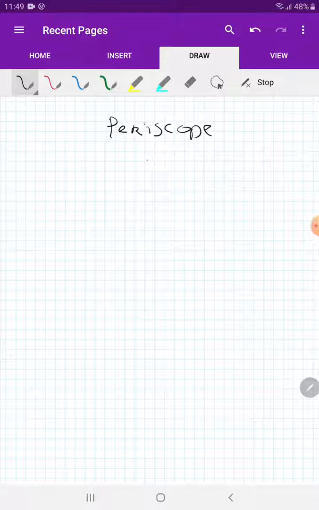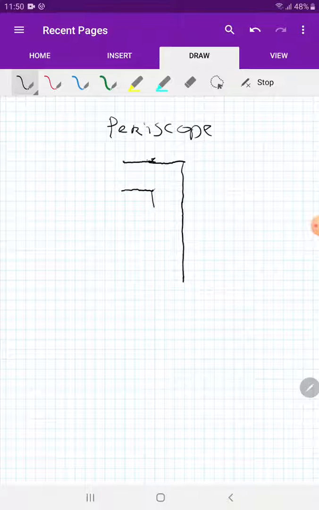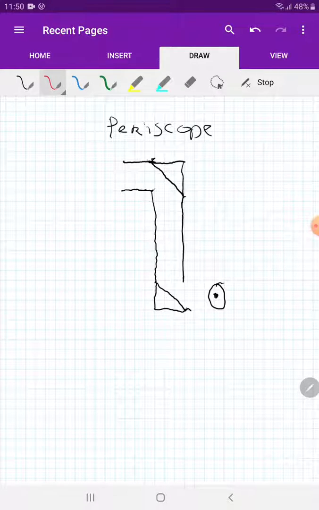Now it's actually two mirrors. So we have one end here that is above the water, and then under the water we have like a person looking. Now the periscope has two mirrors, one mirror here and one mirror here, and if we want to draw the ray of light, the ray of light is coming in here, it's reflecting towards the next mirror, and this is how we see our image.